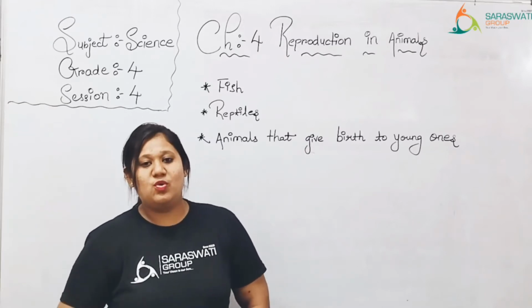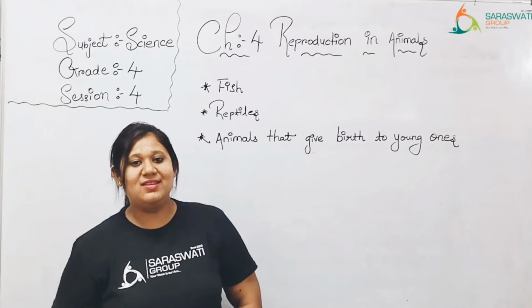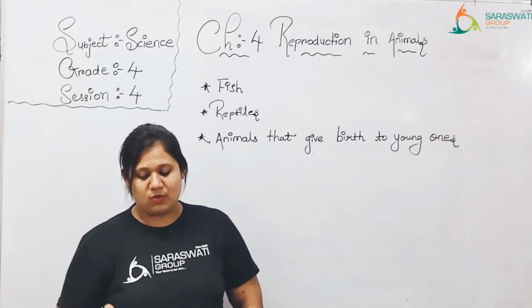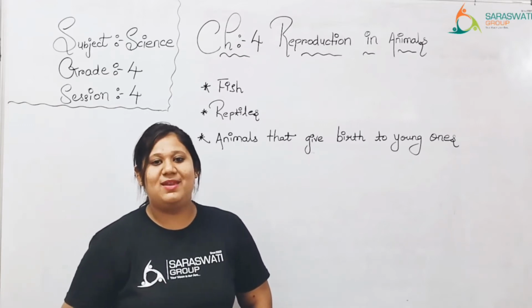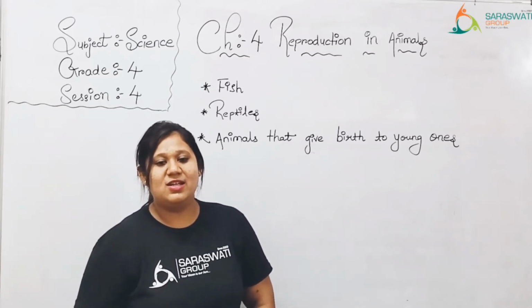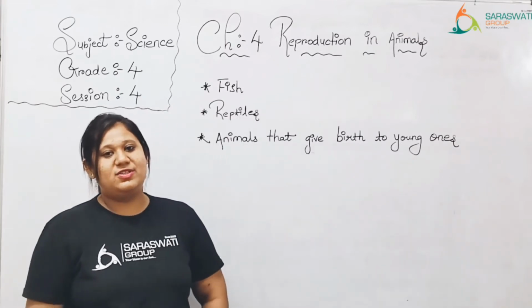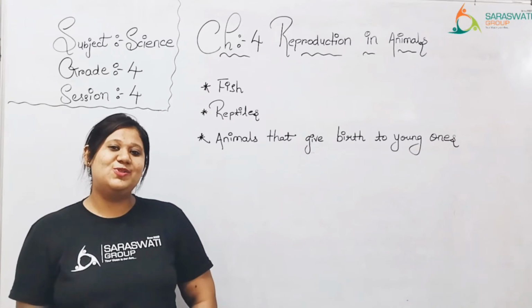Metamorphosis. Clear? Most of the metamorphosis कहाँ दिखते हैं? Animals में दिखते हैं, like frog में, cockroach में, butterfly में, house fly में, right? So clear? So here I completed the revision of sessions number 1, 2 and 3.